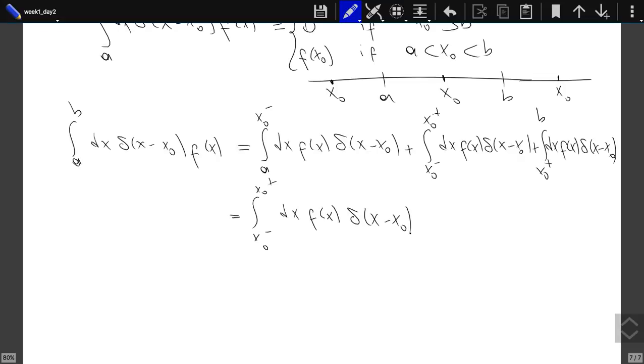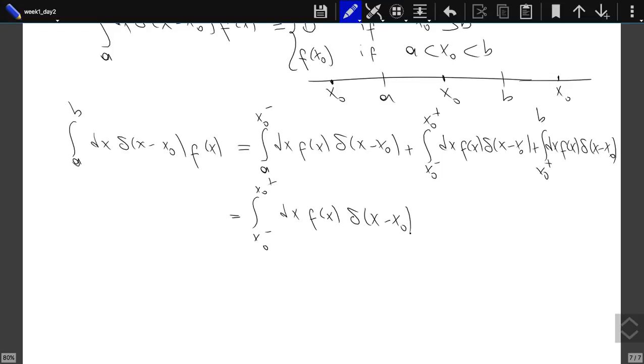But again, the difference between x0 minus and x0 plus is infinitesimally small. They are very, very close to each other. We are talking about a very narrow range. Eventually, we will take the limit that narrow range goes to 0.